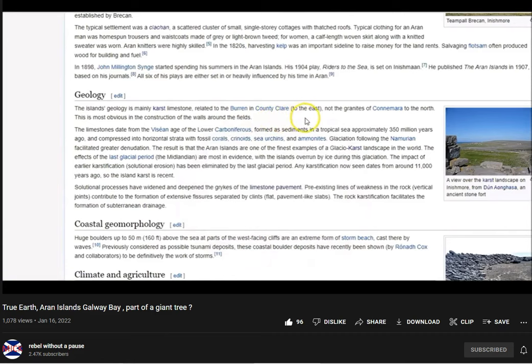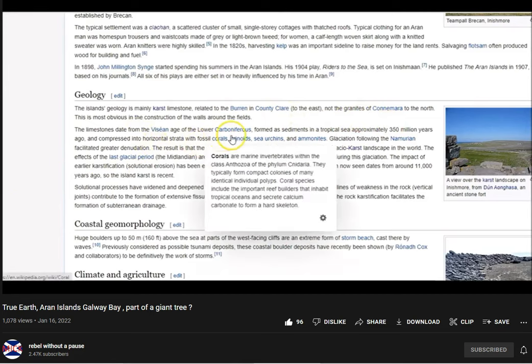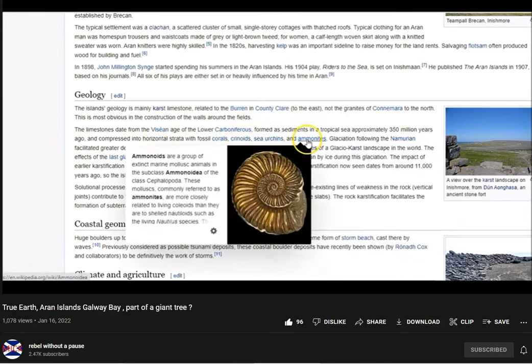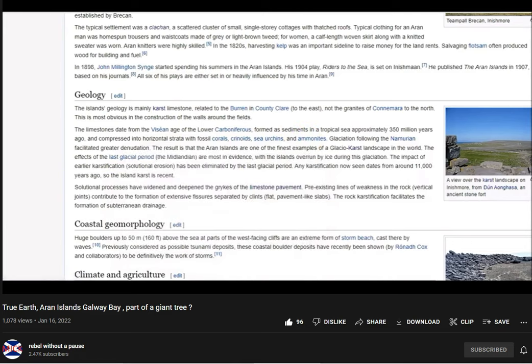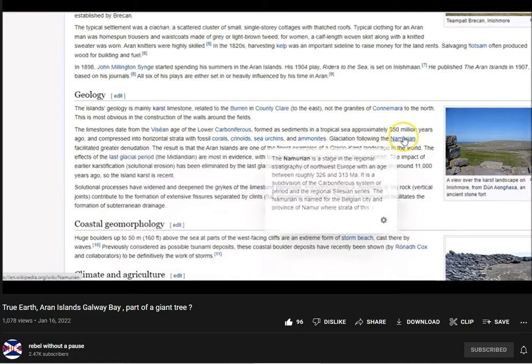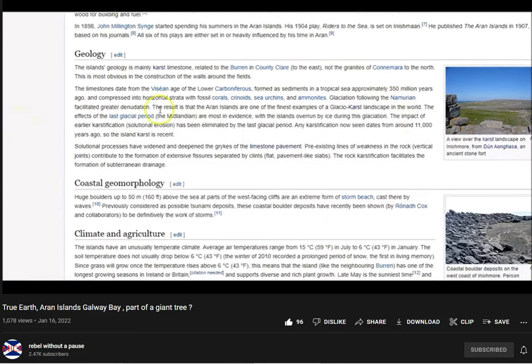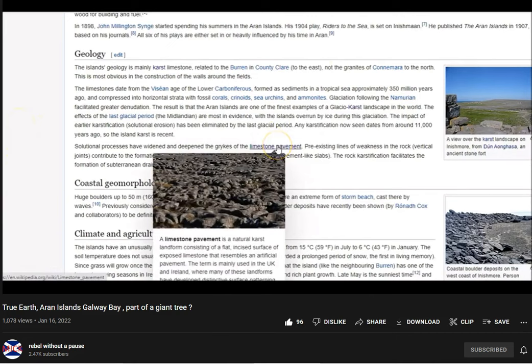So it's formed as sediments in a tropical sea approximately 350 million years ago, and compressed into horizontal strata with fossil corals, crinoids, sea urchins and ammonites, right? So this after this Lemurian age, apparently, right? So it's all nonsense, and there's limestone pavements, and they're all over the world. They ain't just here on these islands, right?